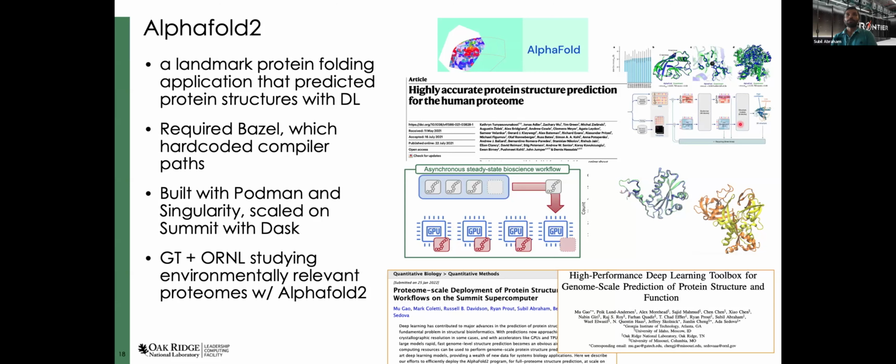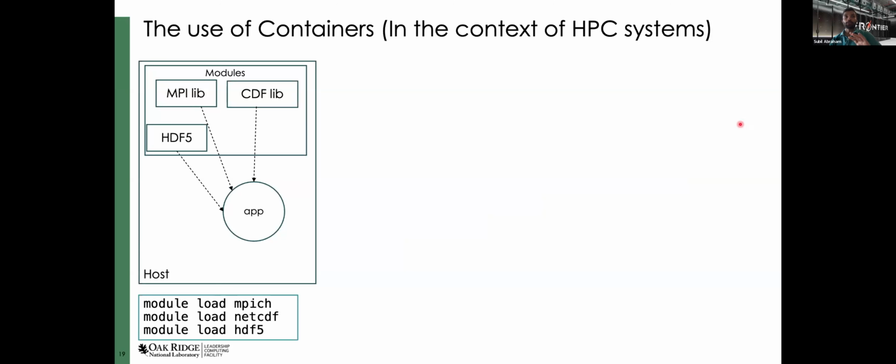So to give a visual overview of some of the things that I just talked about, of removing the dependency of your application from the libraries that are available on the host software stack. Say you had an application that needed to be linked to HDF5 and to MPICH and to CDF, right?